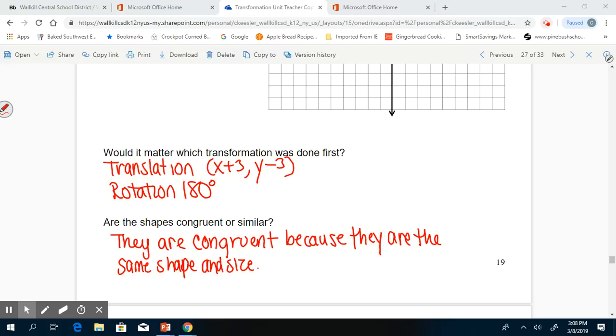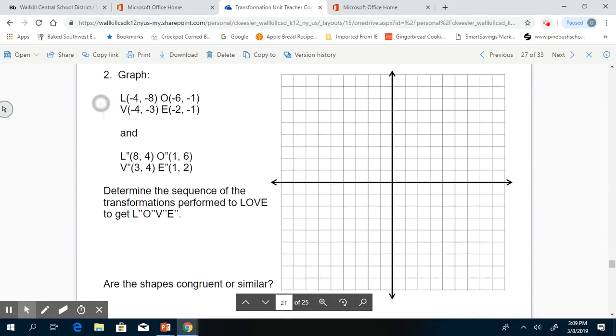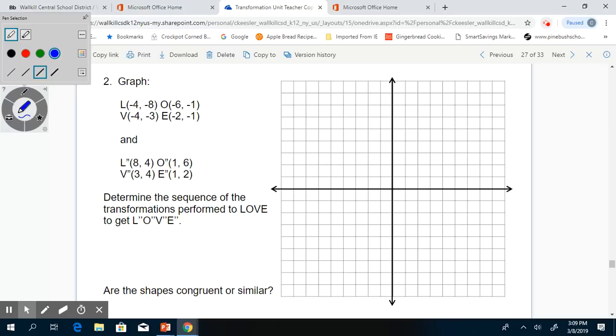Okay, so let's take a look at the second example. I'm going to go ahead and do all three with you today. So turning the page, we're going to start by graphing love. So L is at -4, -8. So left 4 and down 8.